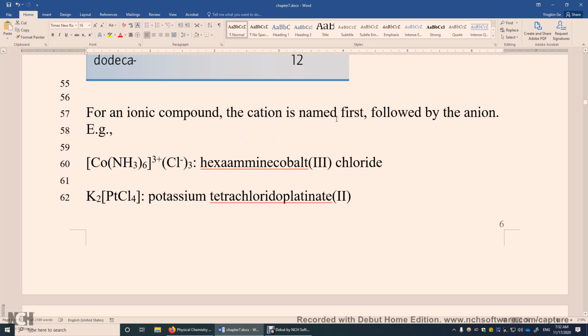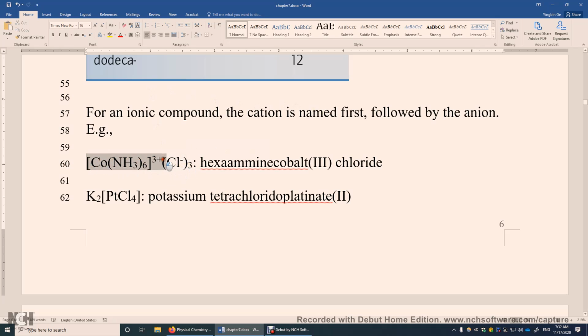A more complex example, let's say potassium aluminum sulfate, K aluminum with 2 sulfate ions. All right, always you name the cation first, followed by the anion in the naming of ionic compounds.